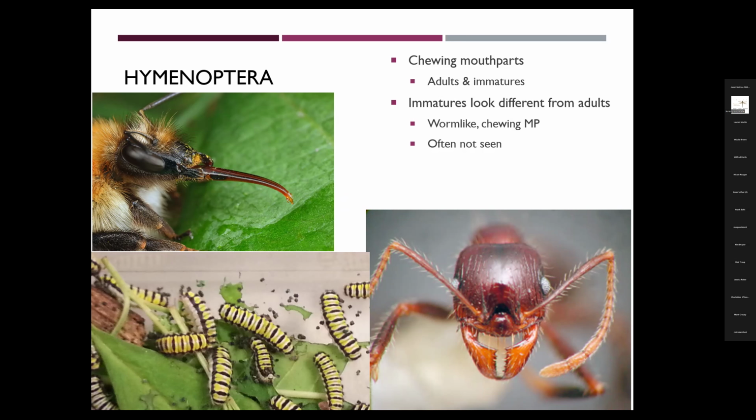To tell the difference between a caterpillar and a sawfly larva, you have to count the number of prolegs. The prolegs are what we call false legs that are on the abdomen. And I can't remember. I want to say caterpillars have 5 to 7 and sawflies have over 7. I could be wrong on that, but I think that's what it is.